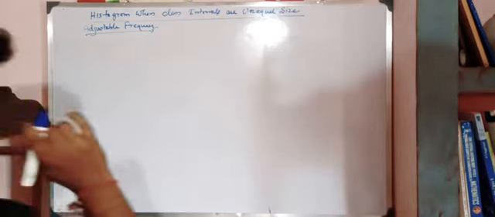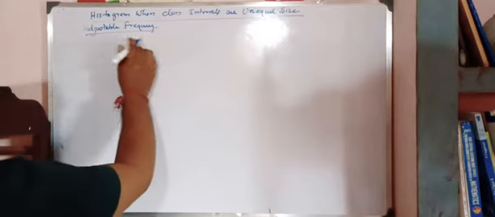Now, adjusted frequency, what is the formula for that?